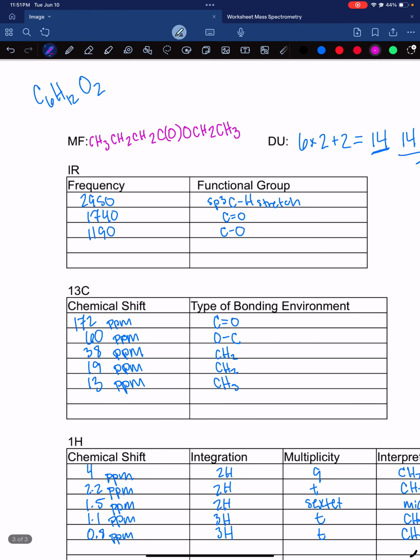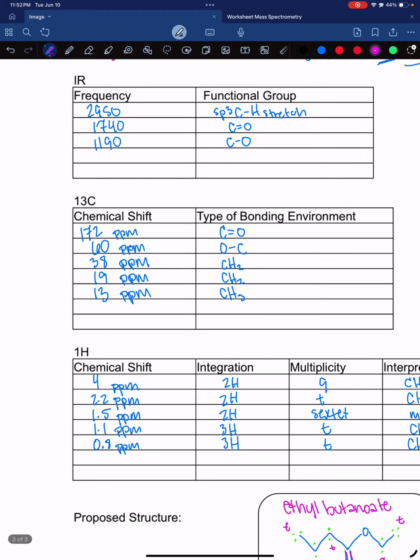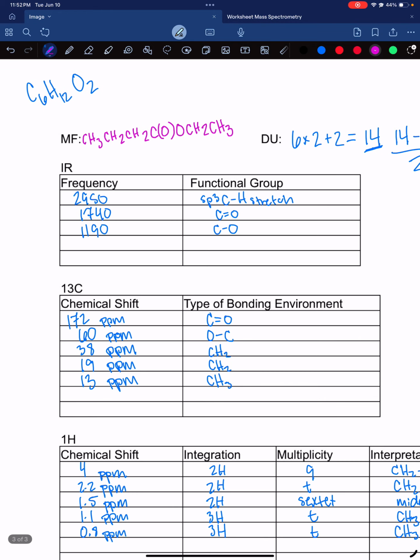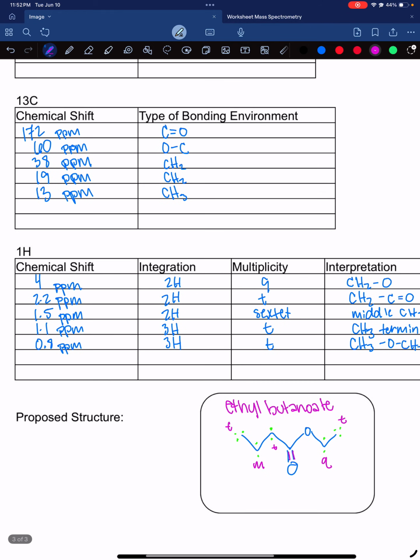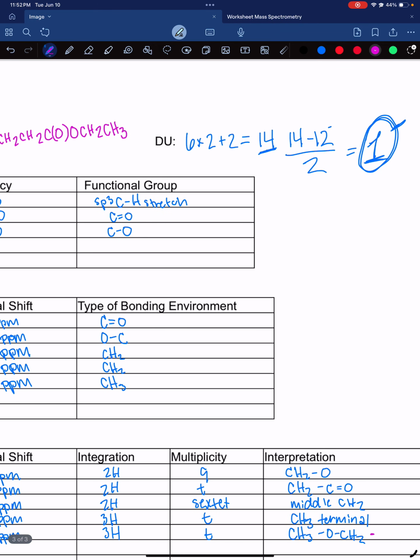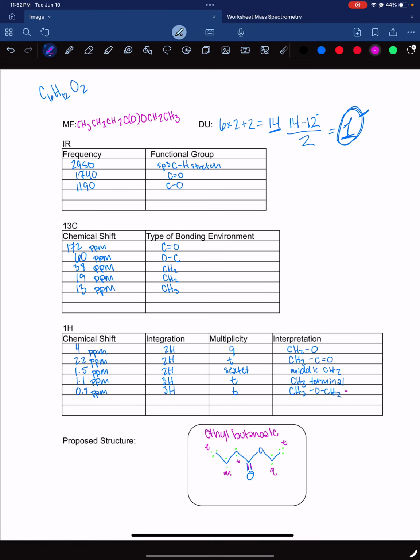I went ahead and transferred everything over to my chart here. My molecular formula, we'll get to when we get down to my proposed structure. My degrees of unsaturation are 1. Let's zoom out a little bit. I have 6 carbons, so my ideal would be 6 times 2 is 12, plus 2 equals 14, and that is my ideal amount of hydrogens. For my actual amount of hydrogens, I have 12.